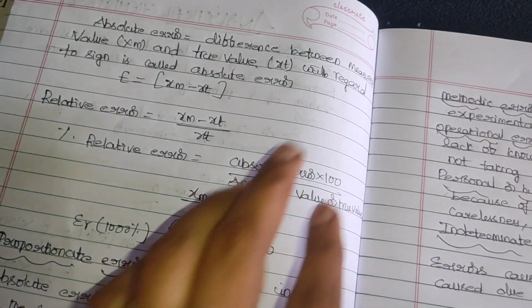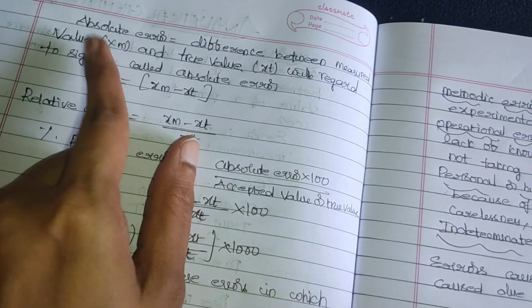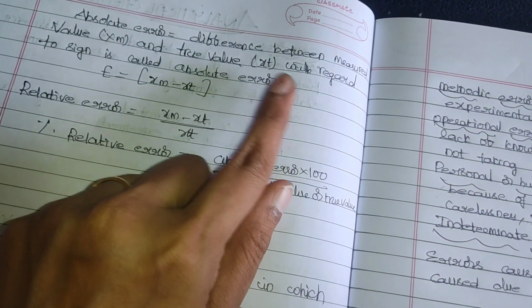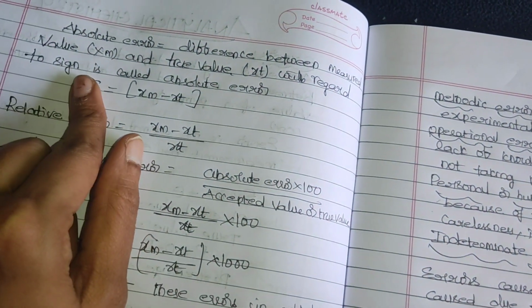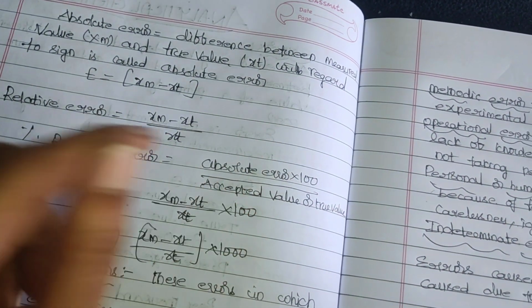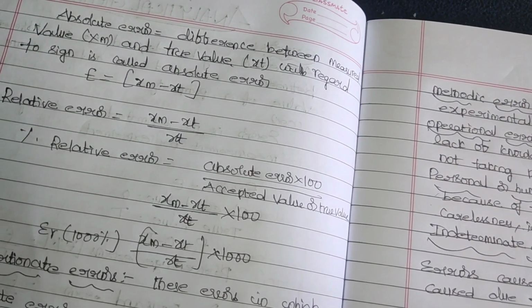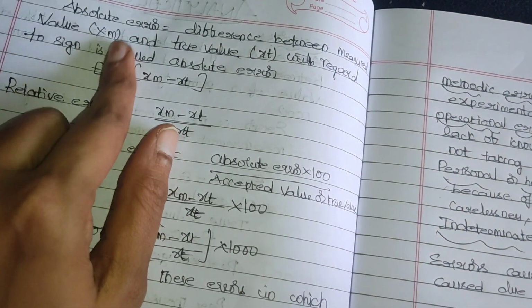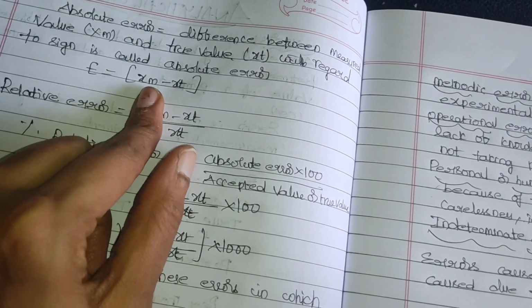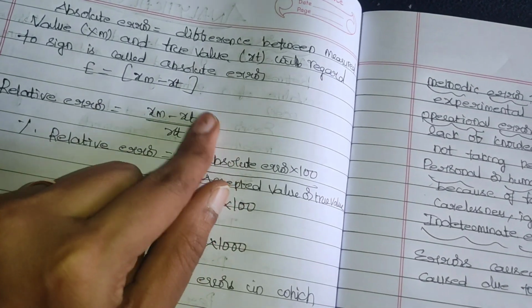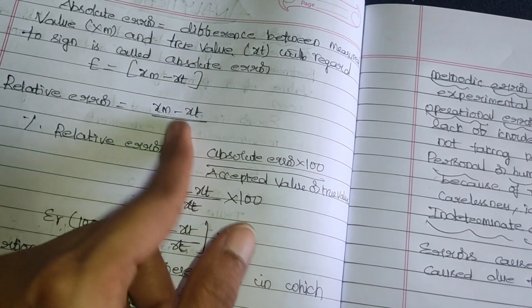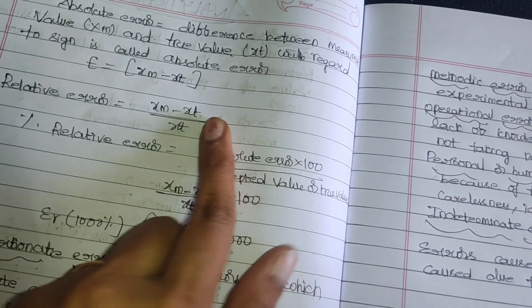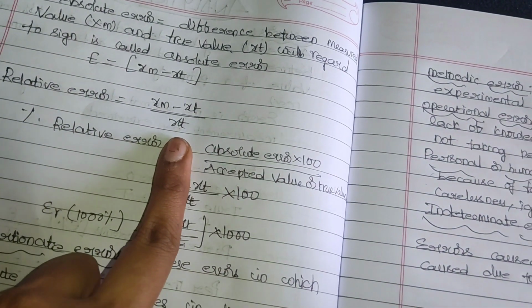Now we will get to know what absolute error is. Absolute error means the difference between measured value and true value, like error only, with regard to sign, whether it is negative or positive. Absolute error E is equal to measured value minus true value, and relative error is equal to absolute error divided by true value.